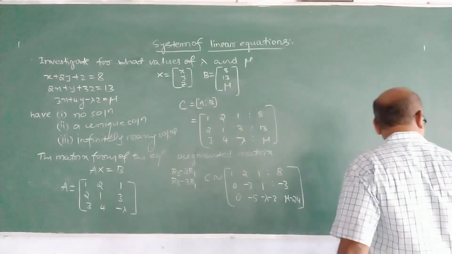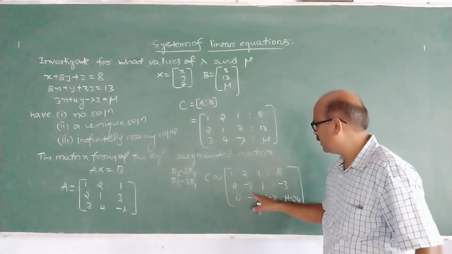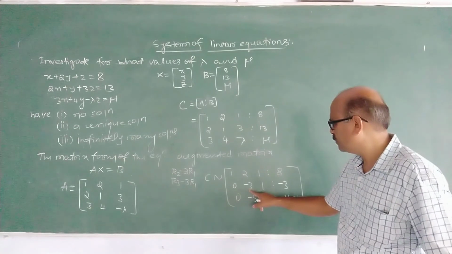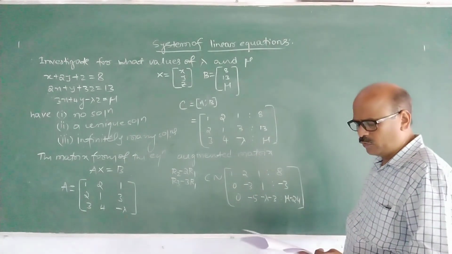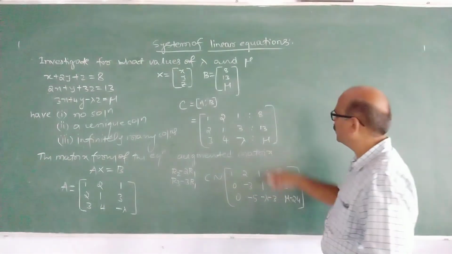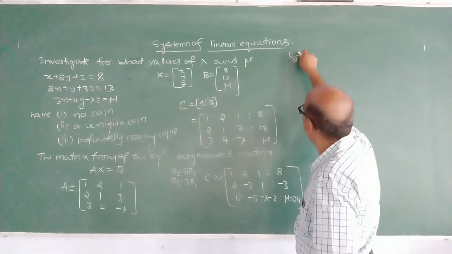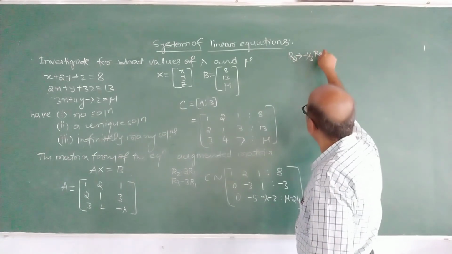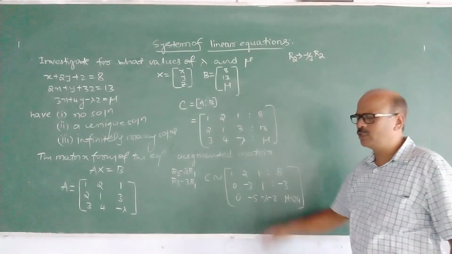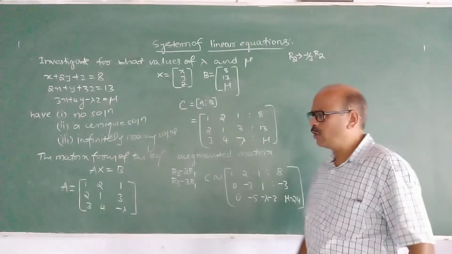Now the next thing is you have to make this element 1. So we divide by minus 3: R2 is minus 1 by 3 R2. We reduce this to row reduced echelon form.